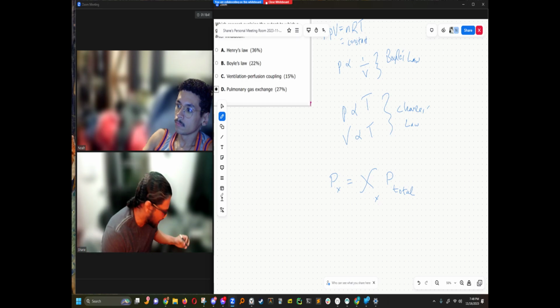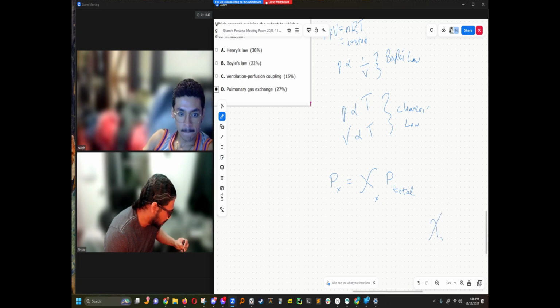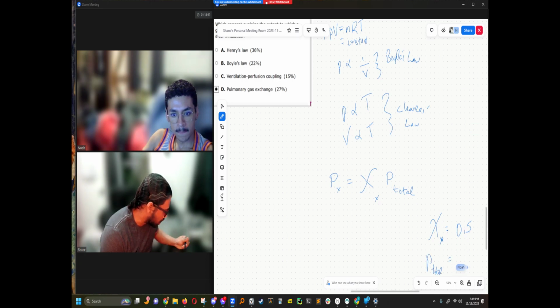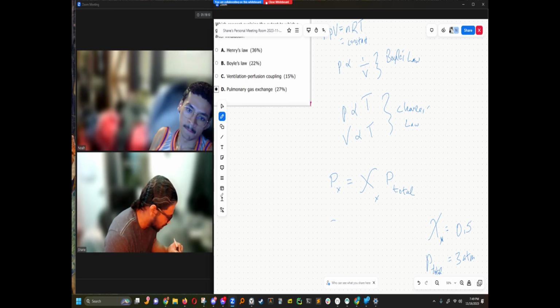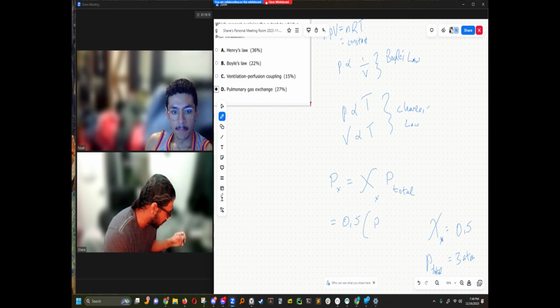So let's say the mole fraction of a gas is, I don't know, 0.5, and the total pressure of the gas is 3 atm, right? If you wanted to find the partial pressure of the gas, you would take the mole fraction, which I wrote is 0.5, times the total pressure, which I wrote was 3 atm.